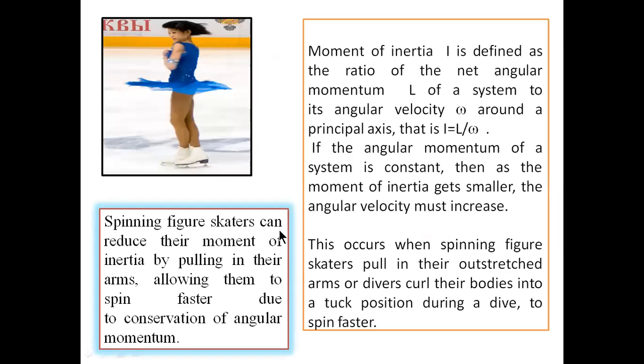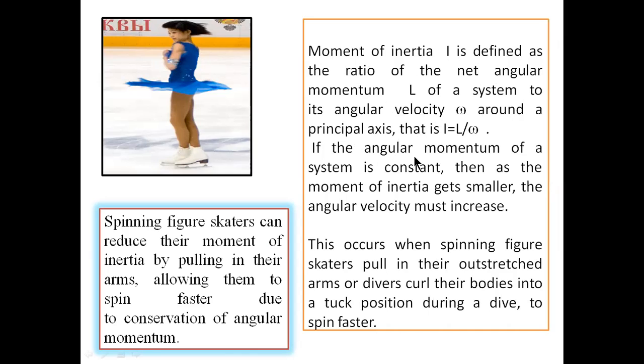Spinning figure skaters can reduce their moment of inertia by pulling in their arms, allowing them to spin faster due to conservation of angular momentum. Now it can be explained here. Moment of inertia I is defined as the ratio of the net angular momentum L of a system to its angular velocity omega around a principal axis, that is I equals L by omega.